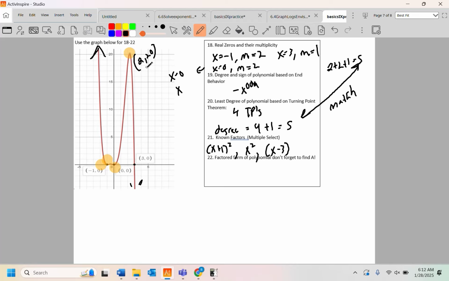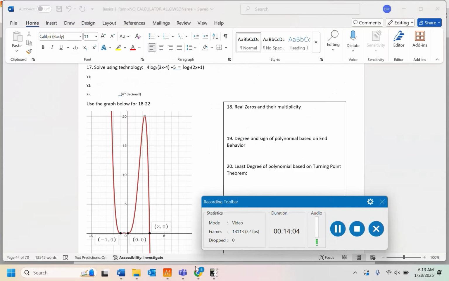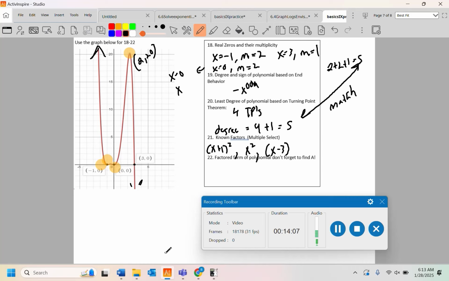Bummer. Wish I knew what that was. Let me pause this real quick and go back and get the original so I can see. All right, so I had to look it up because I didn't copy down one little thing. This point, which is at 2, 18. That's what I needed, 2, 18.